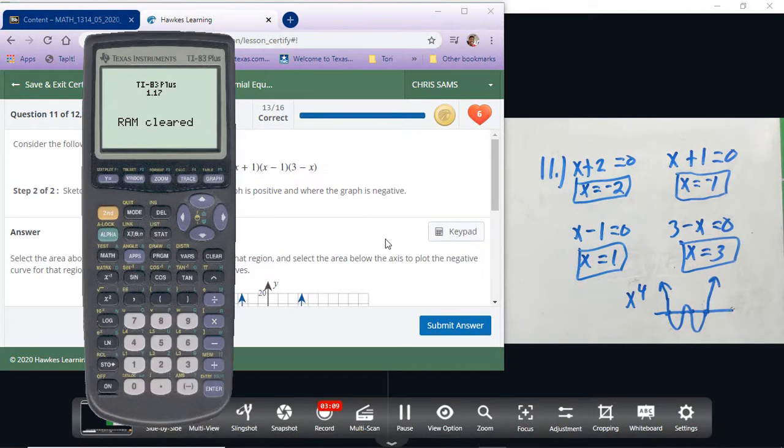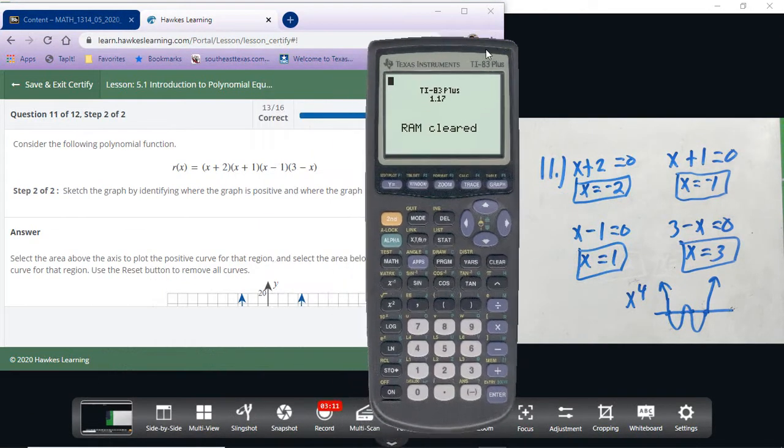Okay, so I'm pulling this up so I can go back to the original function. Go to y equal. We're going to type all of this in. So we have x plus, go back, x plus 2.